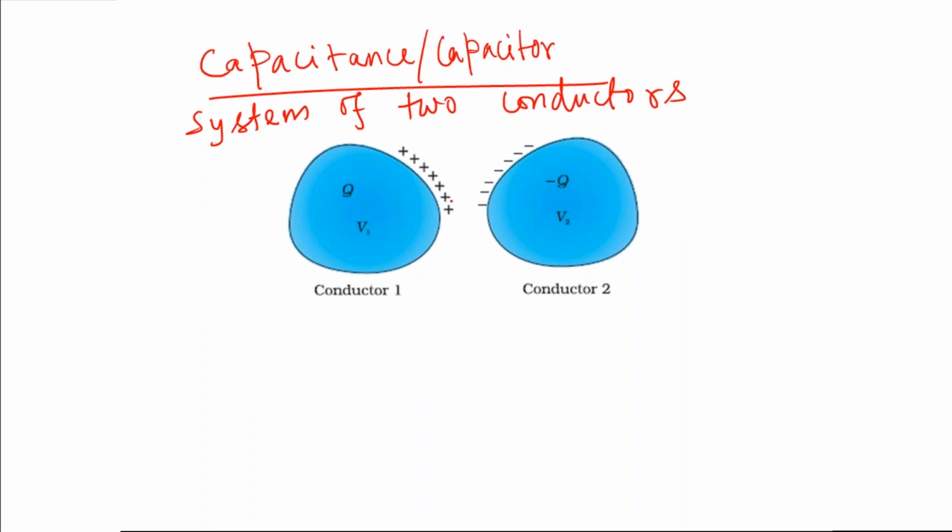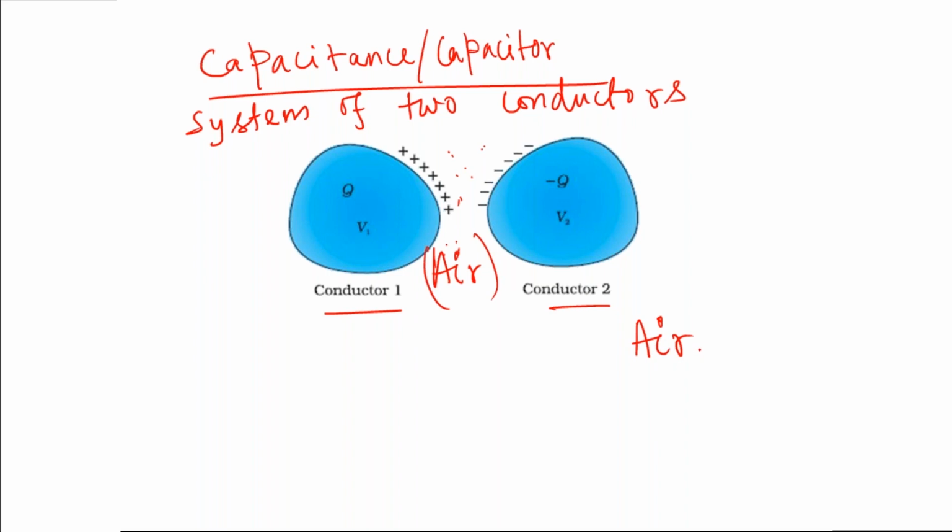See here, I have taken two conductors, conductor 1 and conductor 2. They are separated by, see, this is a gap. Gap means there is air, and air is actually insulating, right? Do you know that air has an insulating property? Air is an insulator, if it is not special air, just normal air, what we breathe.